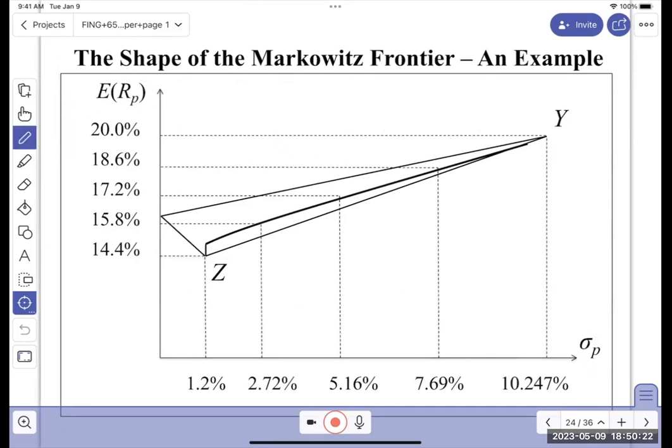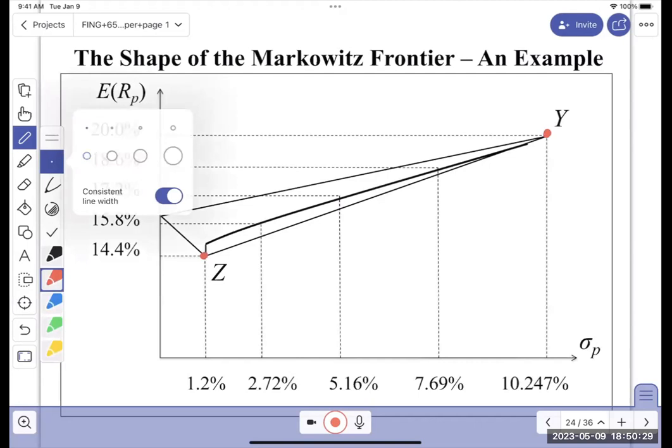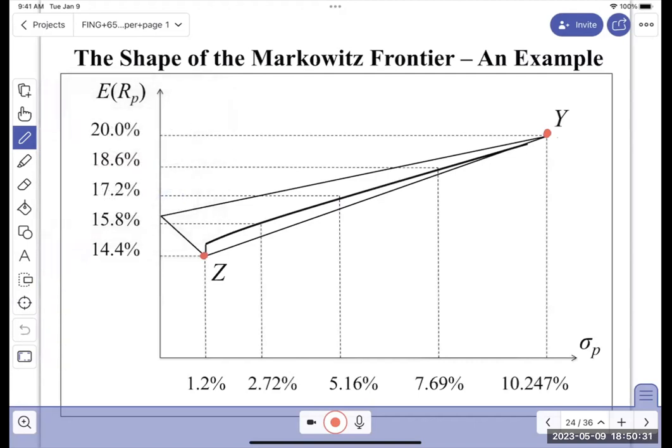And if I put 100% of my investment in Y, let me do it a different way. Let me write it like this.